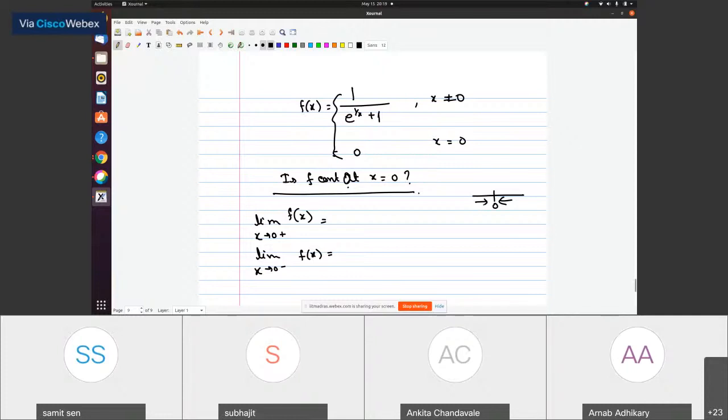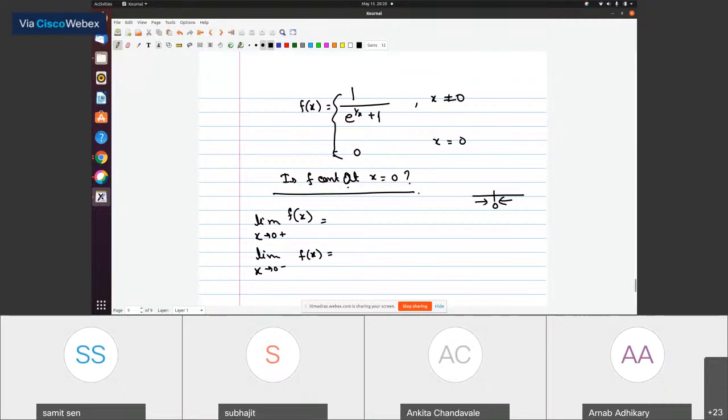So 1 upon x will tend to infinity, so e raised to 1 upon x will also tend to infinity. We get 1 upon 1 plus e to the power 1 by x, that is 1 upon infinity, which tends to 0. So the limit from the right hand side is 0.